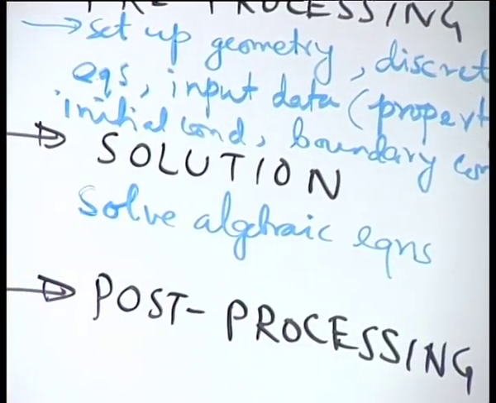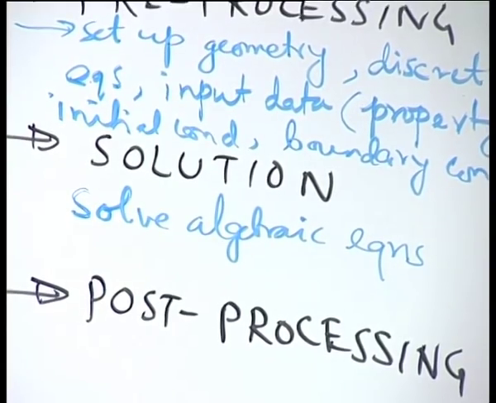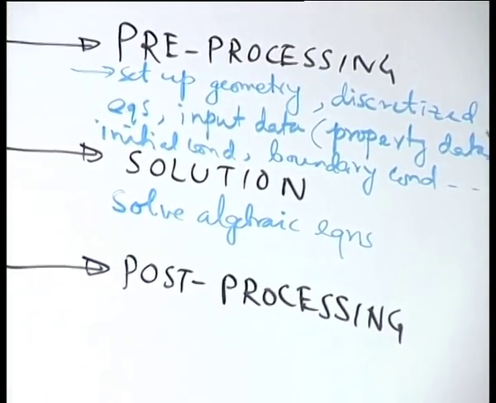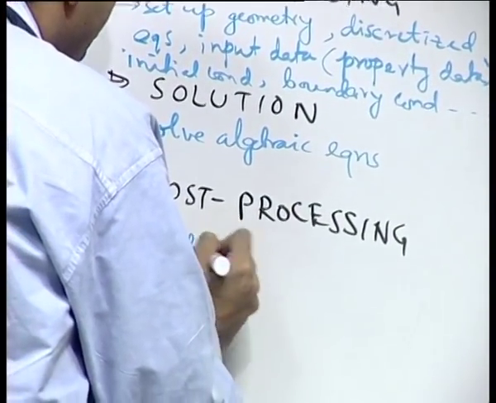Once these algebraic equations are solved, you get the value of the variable, say temperature or velocity at each and every point, and then post processing is a graphical representation of the obtained results.